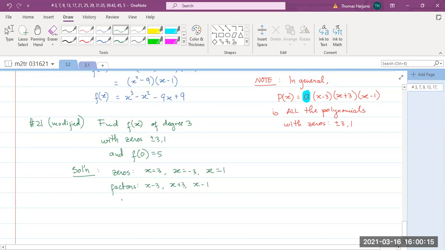So the function f(x) must be a leading coefficient, which we don't know yet, times (x minus 3)(x plus 3)(x minus 1). Now fast forward, if I multiply that polynomial, I will get x cubed minus x squared minus 9x plus 9.